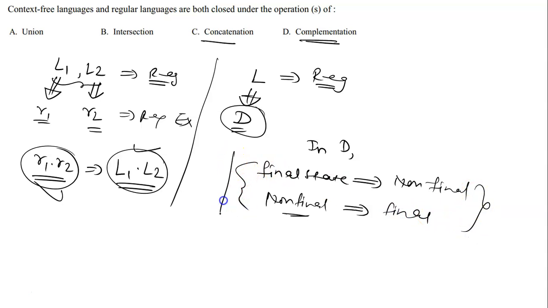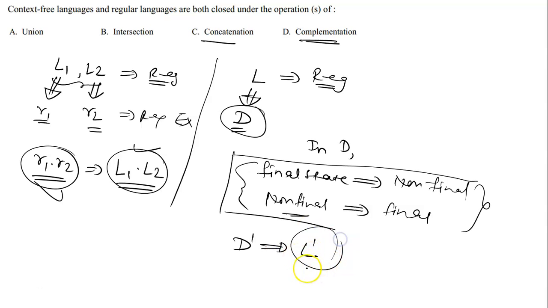If we do this, the resulting DFA will accept the language L complement. Because we have constructed a DFA for L complement, L complement is also regular. Hence the set of regular languages is closed under complementation also.